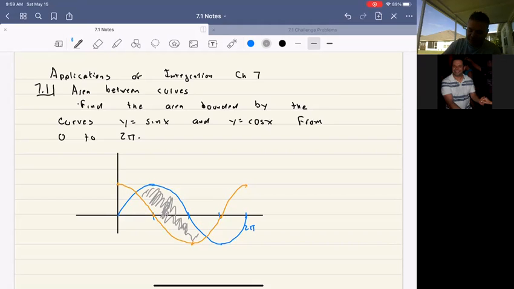Let me actually go 0 to 4 pi, because I want to show something else. So this would keep going, and sine would, of course, repeat itself, as would cosine.